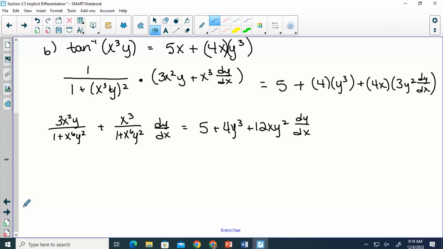What do we have to do? We need all the dy dx's on one side and everything without on the other.